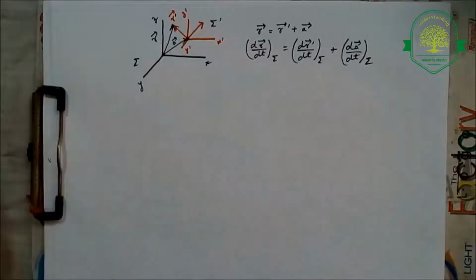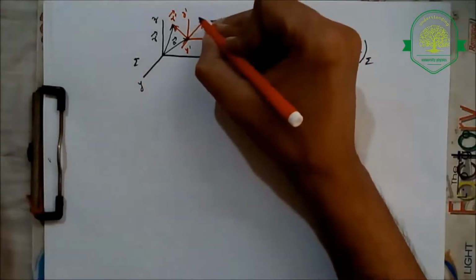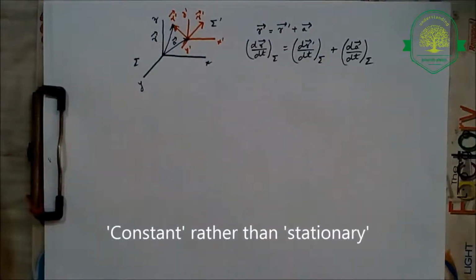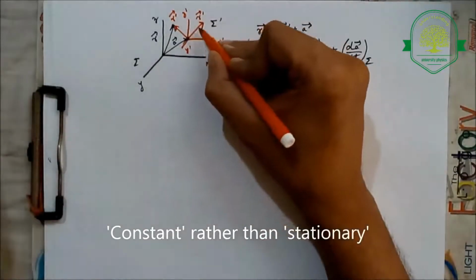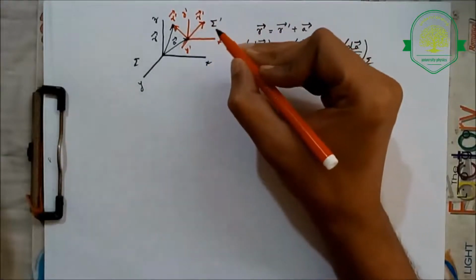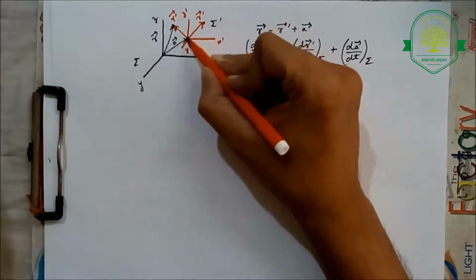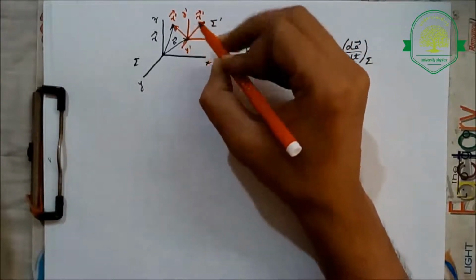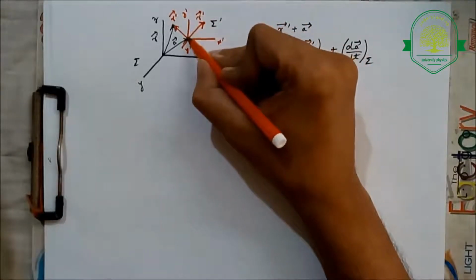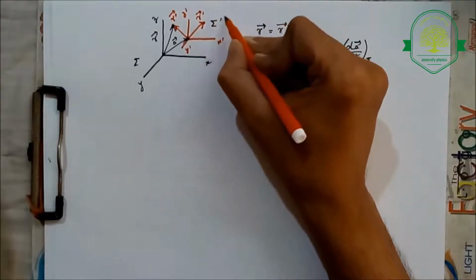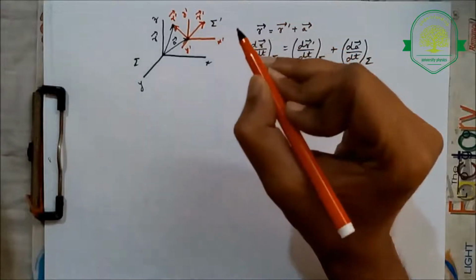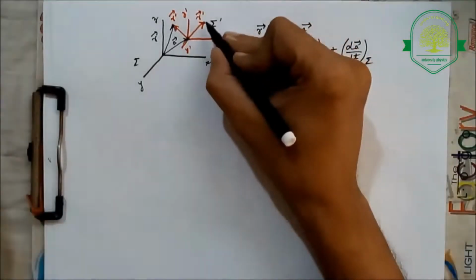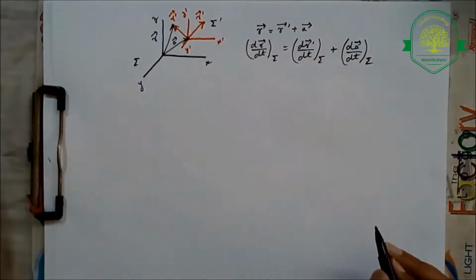Now let us consider a vector which is stationary as seen from the primed frame of reference. The position vector of that particular point is r primed, let us say, this r primed being different from the earlier r primed. Forgive my notation. What will we say about the velocity of this point as seen from the unprimed frame of reference?